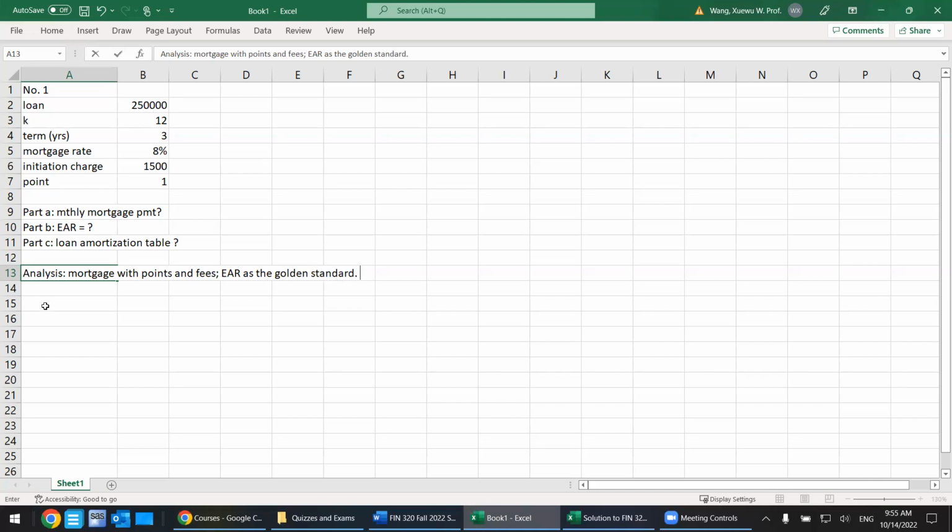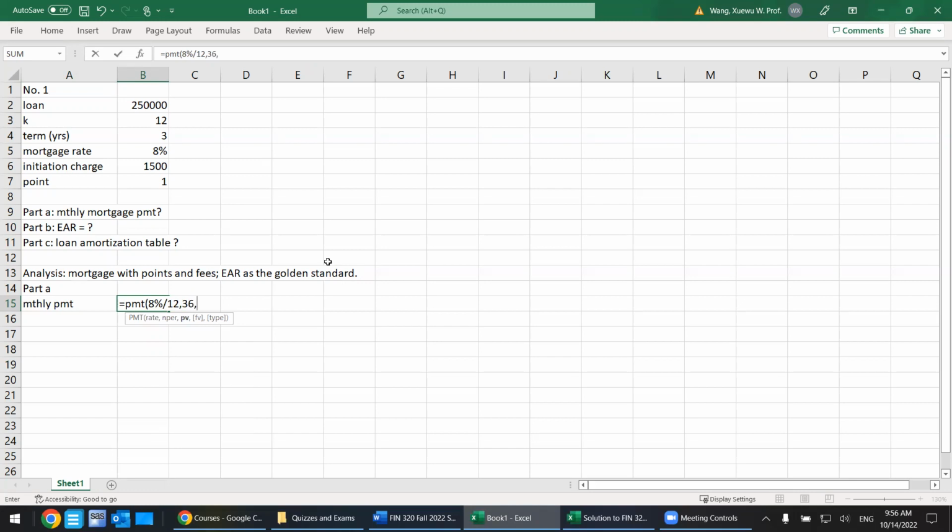All right, so for that matter, let's look at part A. Your monthly mortgage payment is the constant cash flow in this ordinary annuity. So you can do a payment function here. The rate is 8% over 12, you're using the monthly interest rate.